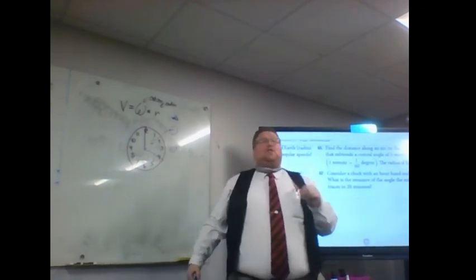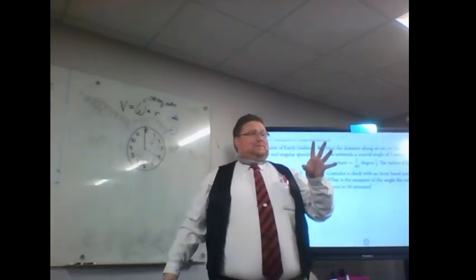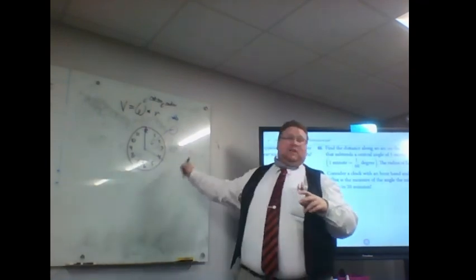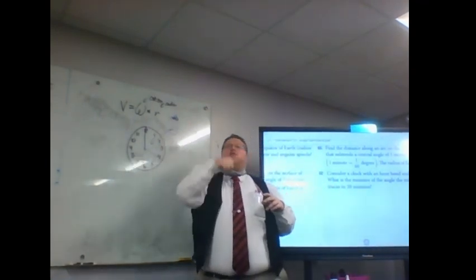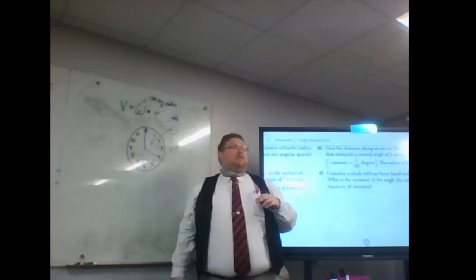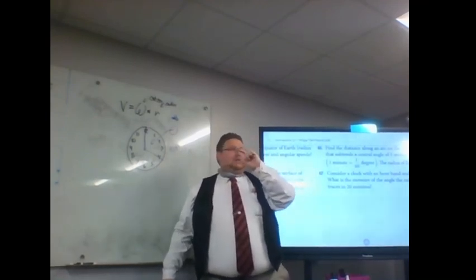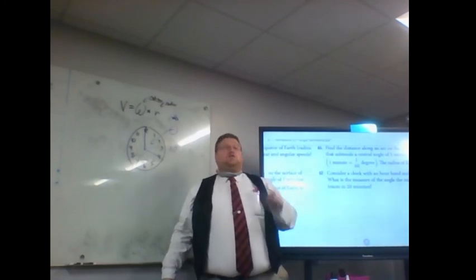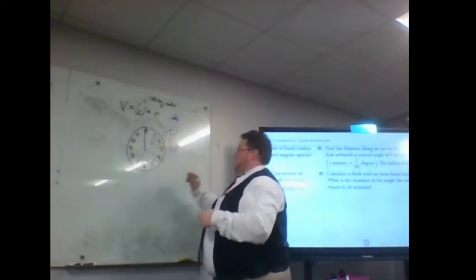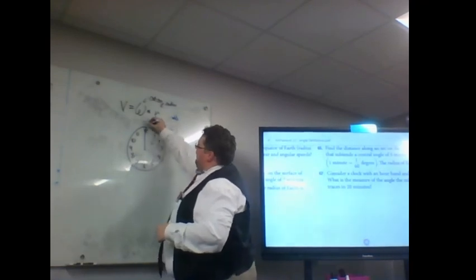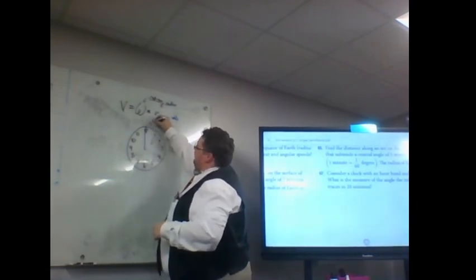So there's a couple ways to approach this problem. One way: there are 12 numbers, and a full circle is 360 degrees. So each number is a certain number of degrees. The full circle all the way around starts at 0, ends at 360.